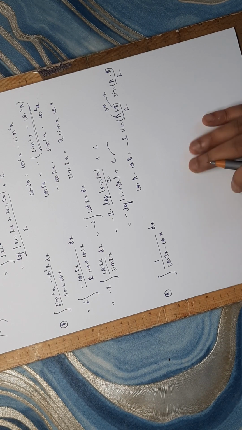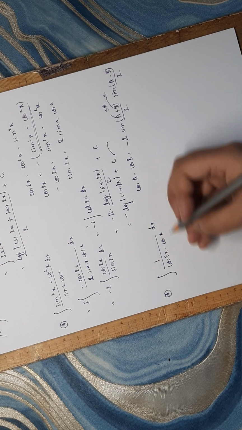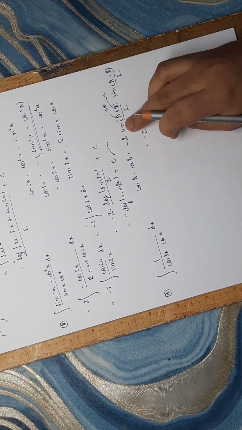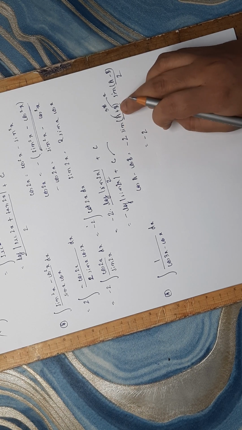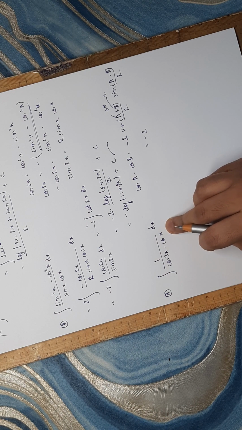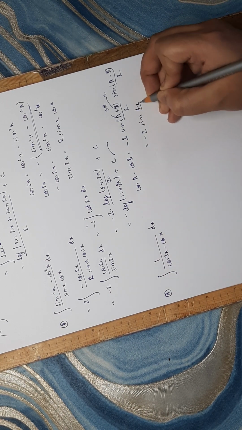Now we will simply simplify this. Sine of A plus B, that is 3x plus x, is 4x, so sine of 4x by 2.